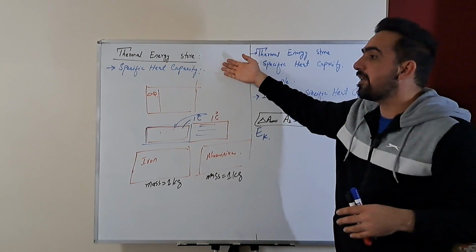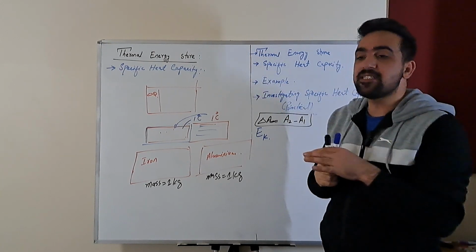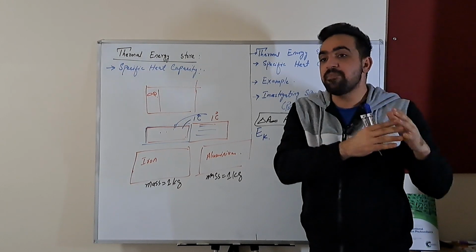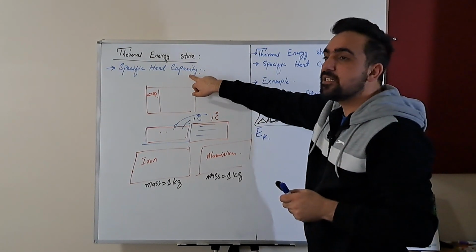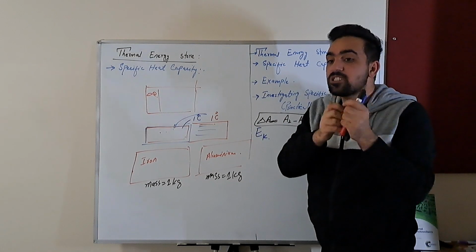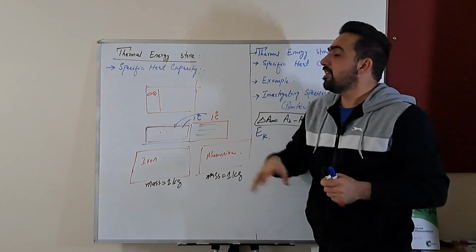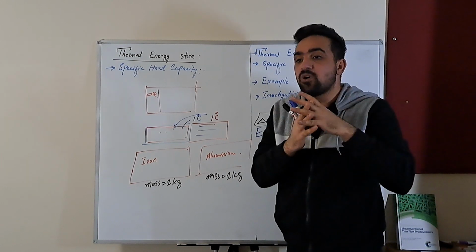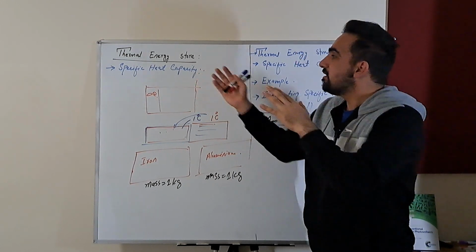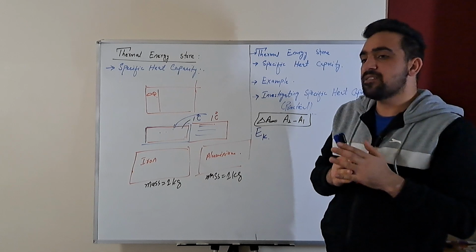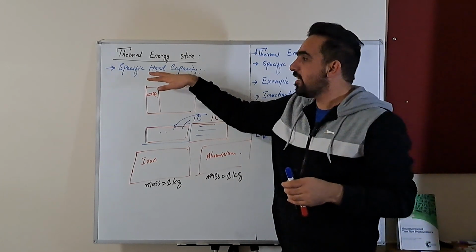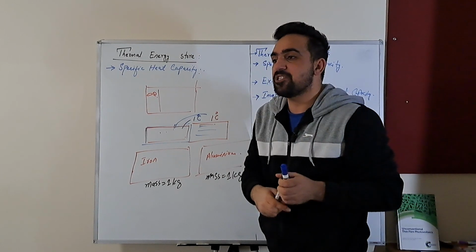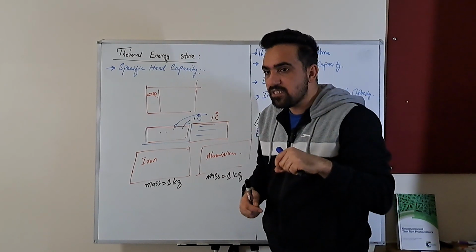So specific heat capacity means how much thermal energy can be stored in the thermal energy store of a material without changing its temperature. The ability of materials to store energy in their thermal energy store without changing their temperature is called heat capacity.